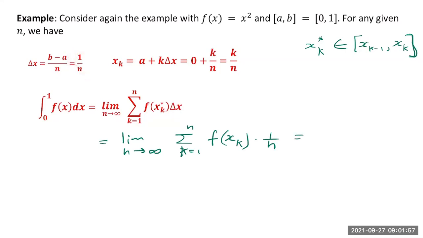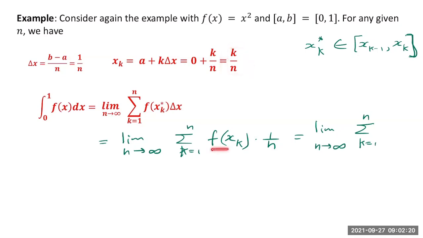Now if you simplify this a little bit further, you get the limit as n approaches infinity of sigma k goes from 1 to n, f of xk. Remember, your xk is k over n.